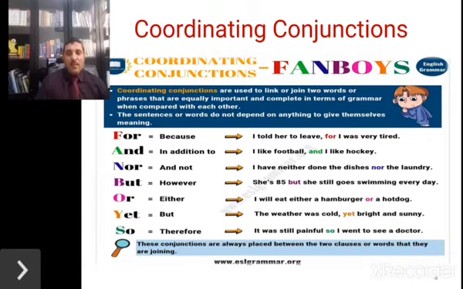Okay, but here, but. However, it means however, but there are slight differences between these two words, but they can be interchangeable, by the way. She is 85, but she still goes swimming every day. Even though she is 85, she goes every day for swimming.